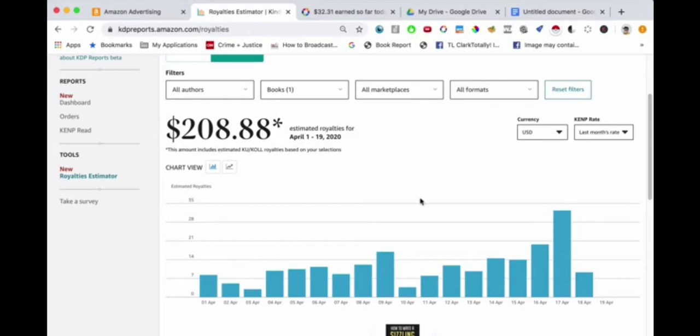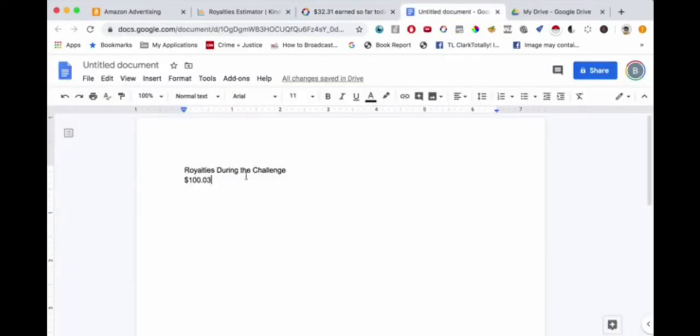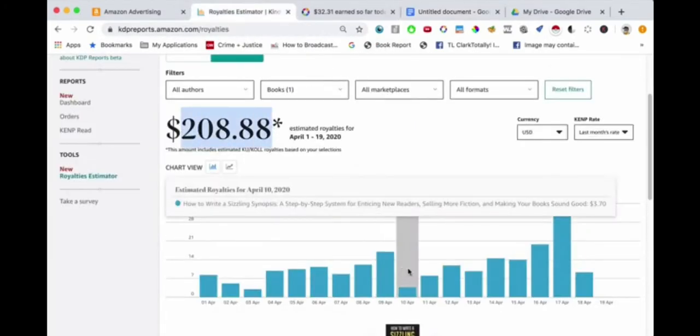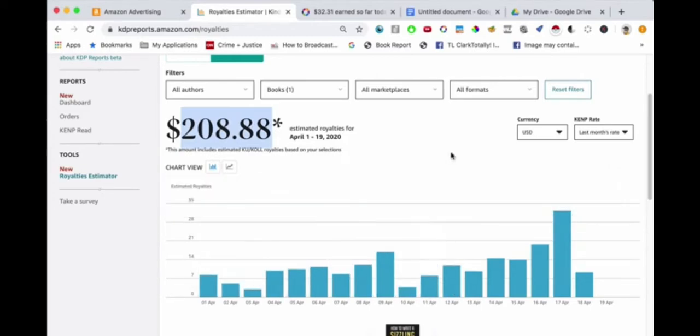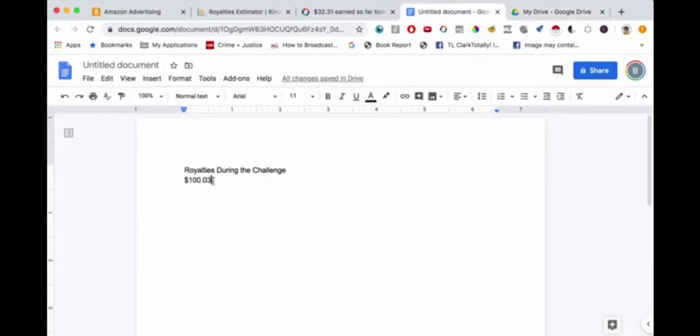So it would have been around 108. So I would have subtracted 108 from 208.88, which is how much I'd earned from the 1st to the 12th. I almost called it the one-th of the month, to get that 100.03.